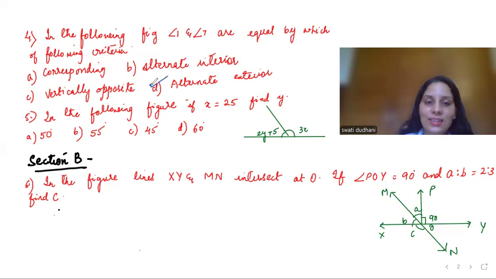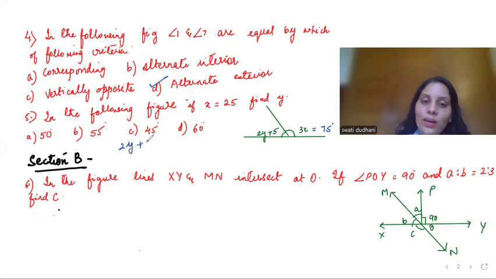So option D. In the following figure, if x is 25, find y. So x is 25, that means the measure of this is 3 into 25, which is 75 degrees. Now, what is the relation between these two angles? Here we can clearly see that the two angles are on the straight line and forming a linear pair. So their sum is equal to 180 degrees.